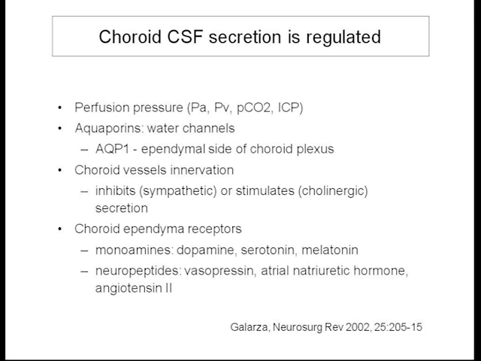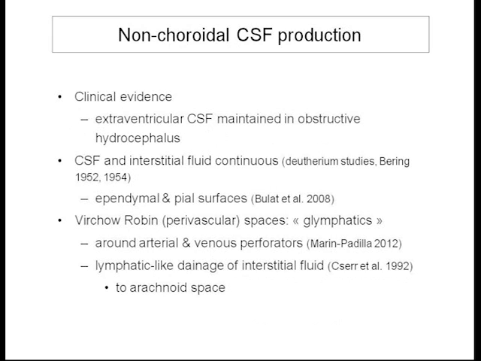The choroid vessels' innervation is important to modulate the secretion of CSF, and also you have receptors in the choroid that are able to induce the formation of substances, amines and peptides, that themselves will react with the aquaporin channels in the choroid plexus. So there is everything to regulate the production.